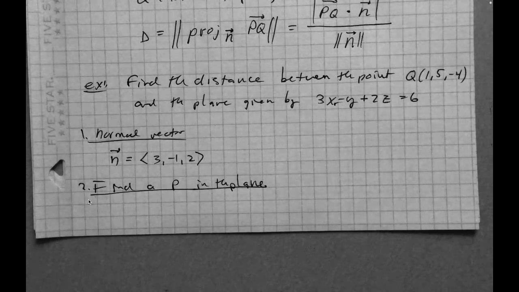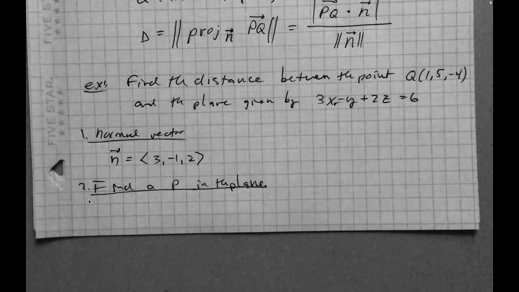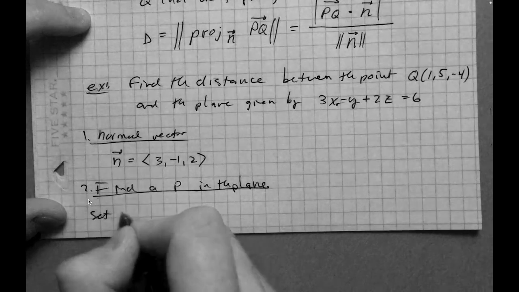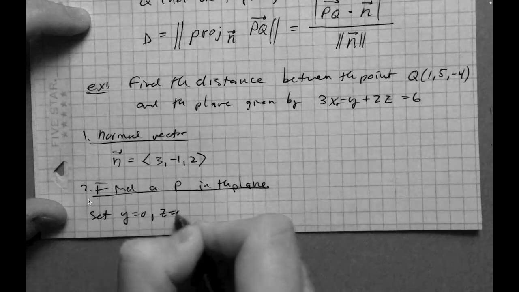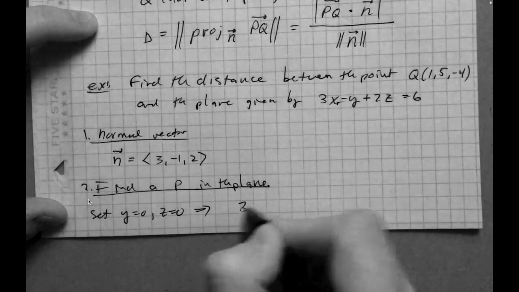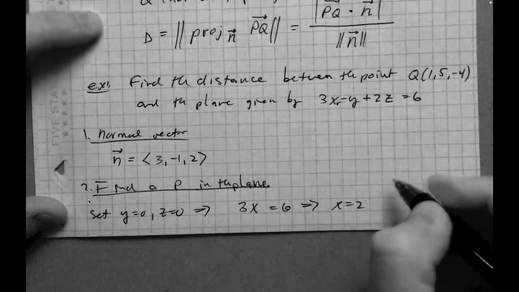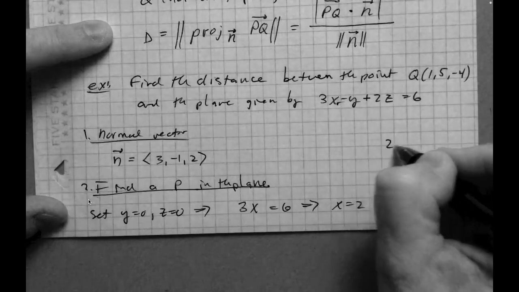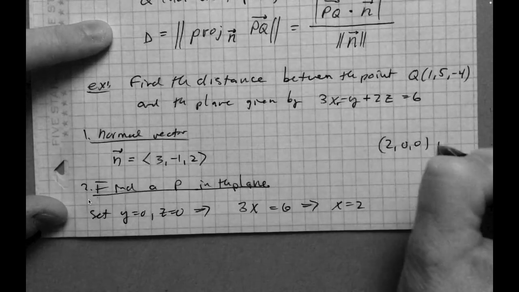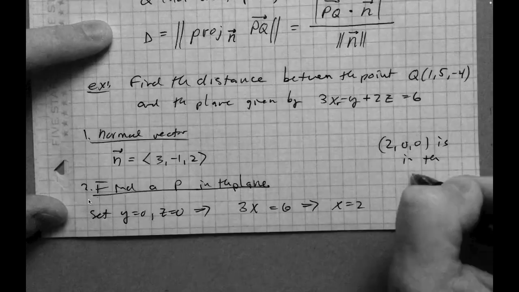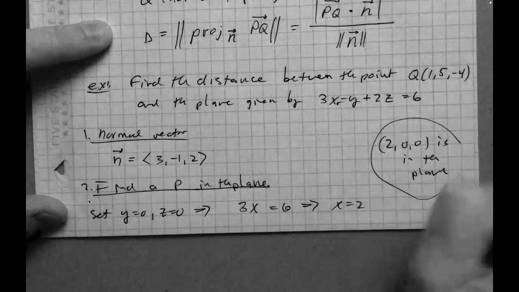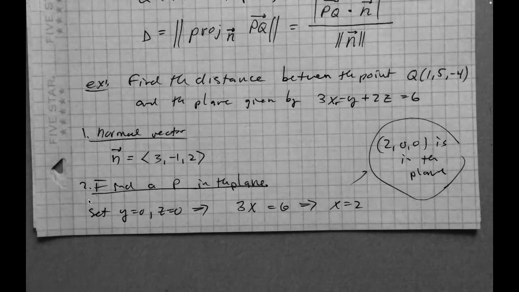So let's set y and z equal to 0. Then you get 3x equals 6, and so x equals 2. So 2, 0, 0 is in the plane. Okay, so you got that piece.